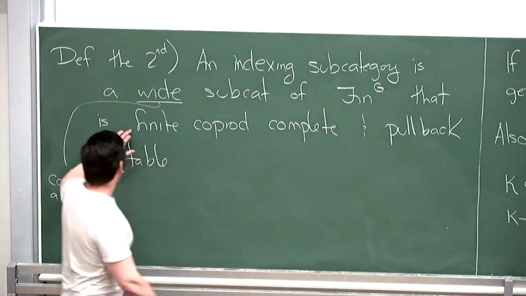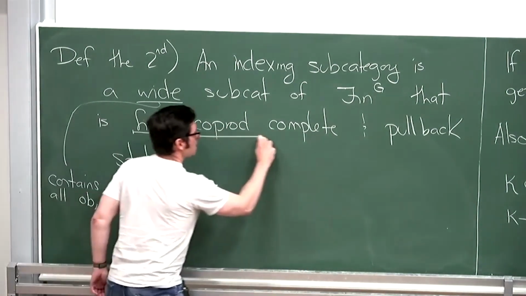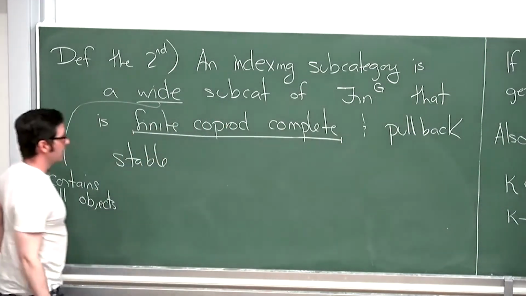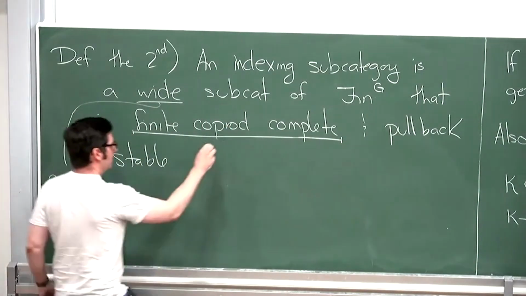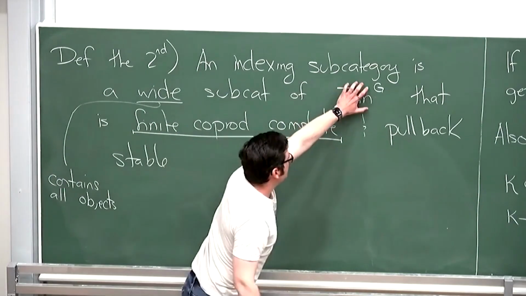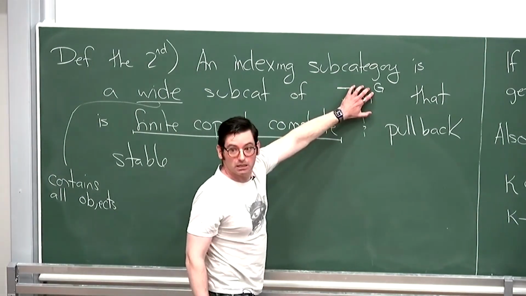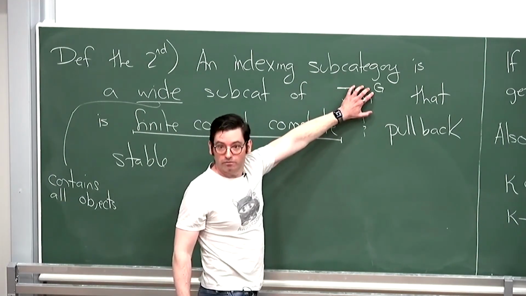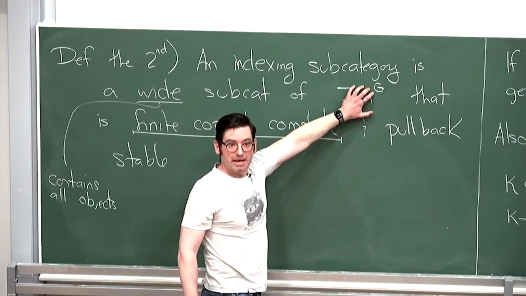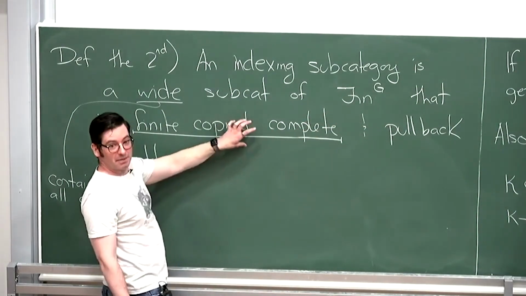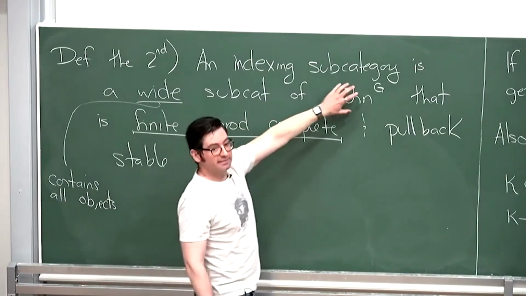Anyway, finite coproduct complete. Well, this means that I can form my finite coproducts here. Finite G-sets has all finite coproducts. And I'm asking that if I form the finite coproduct of some collection of objects, then it's still in here.